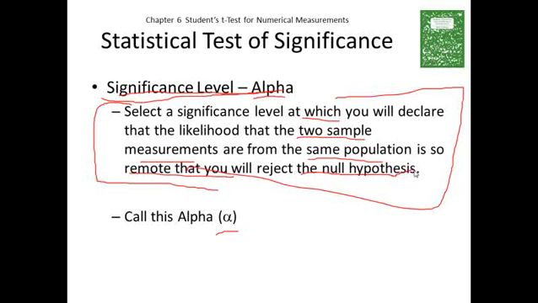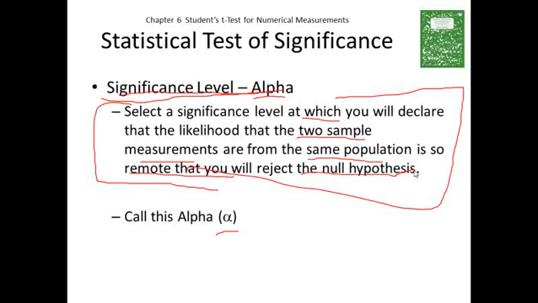So the significance level is how sure must we be before we reject the idea that they're from the same population. What's the likelihood that they're from the same population at which you say, it's possible, but it is so unlikely, I just can't accept it anymore.